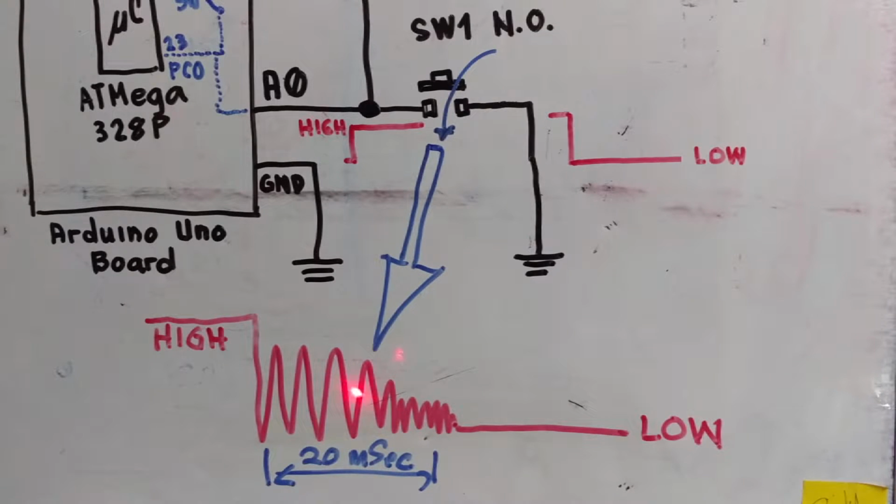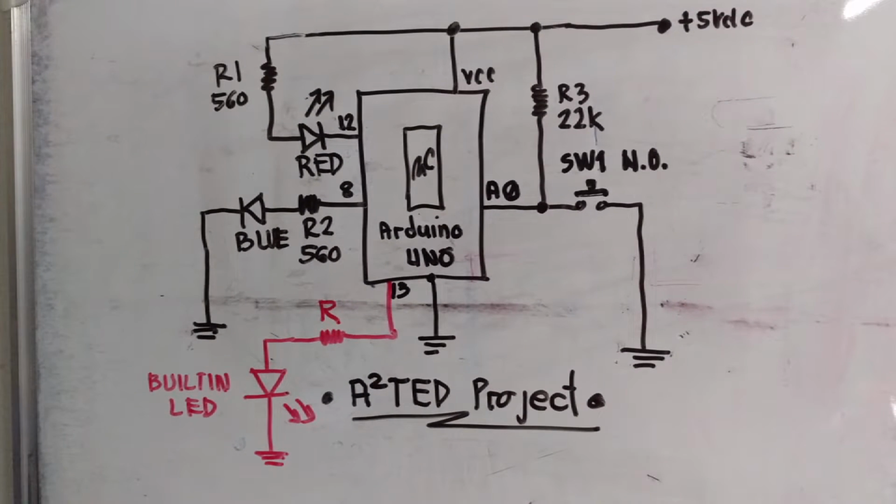Let's see the schematic diagram combining the switch SW1, the red LED, the blue LED, and I included the built-in LED, which is connected to pin 13. What I'm going to do here is that the built-in LED will keep blinking at a rate of 500 milliseconds.